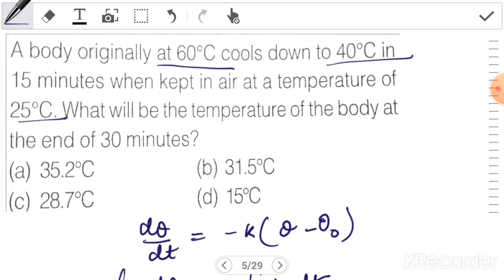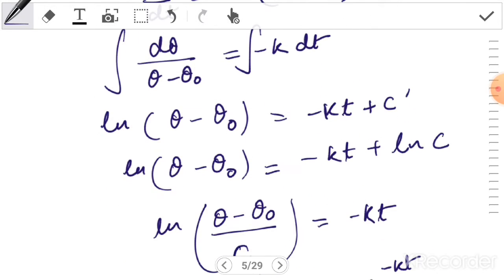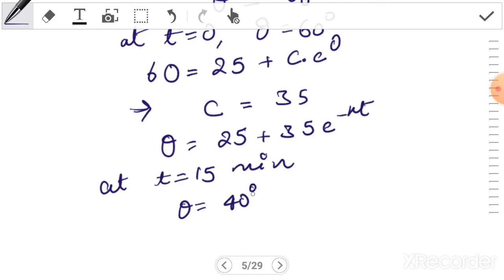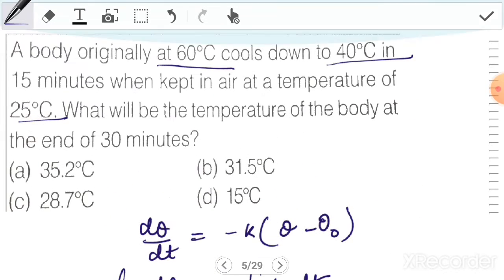Now at t is equal to 15 minutes, θ is equal to 40 degrees Celsius.